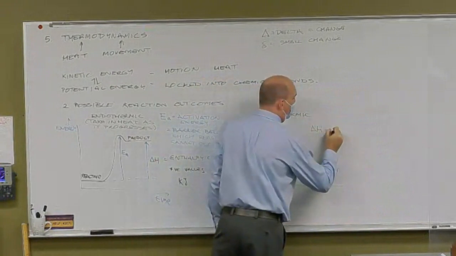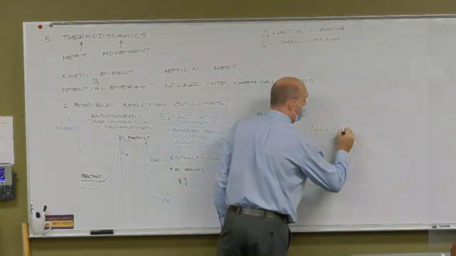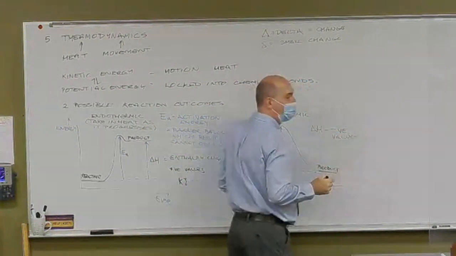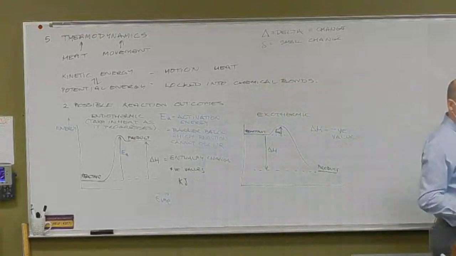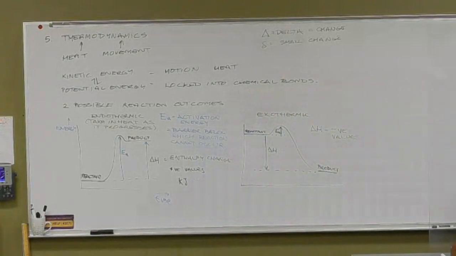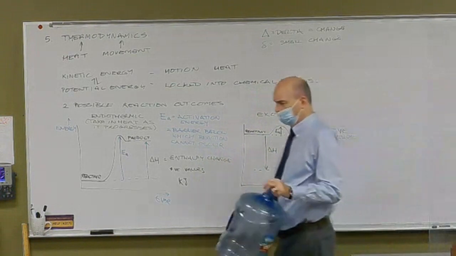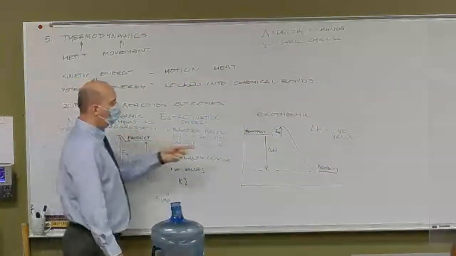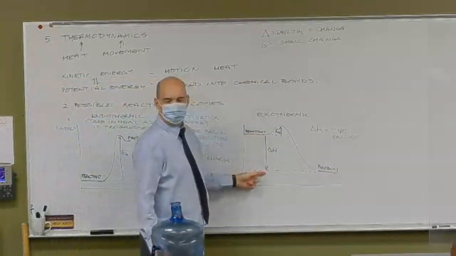The delta H for an exothermic reaction has negative values. That heat is given away. It is negative value. Okay. Now, some reactions can be highly exothermic.